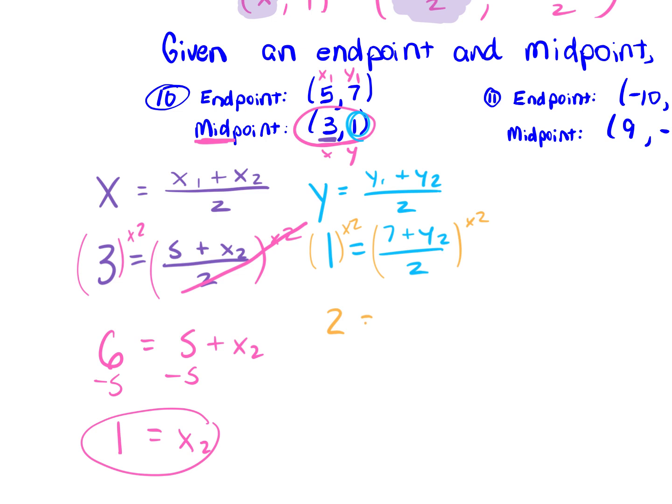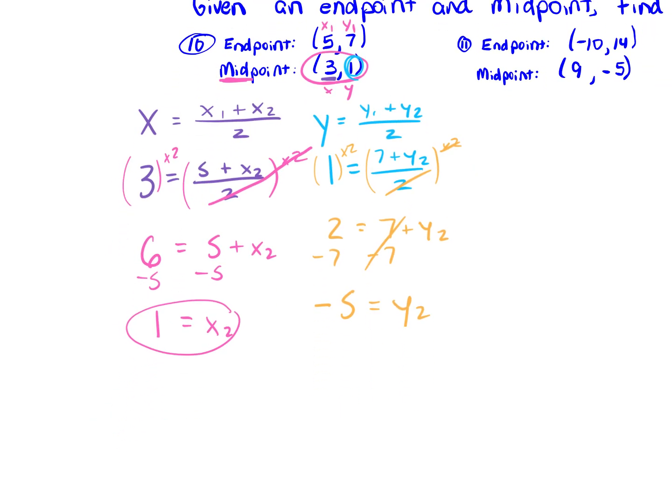So 2 is equal to 7 plus y2. What do we do next? Subtract 7. So 2 minus 7 would be negative 5 is equal to y2. So our other endpoint, our x2, y2, would be 1 comma negative 5.